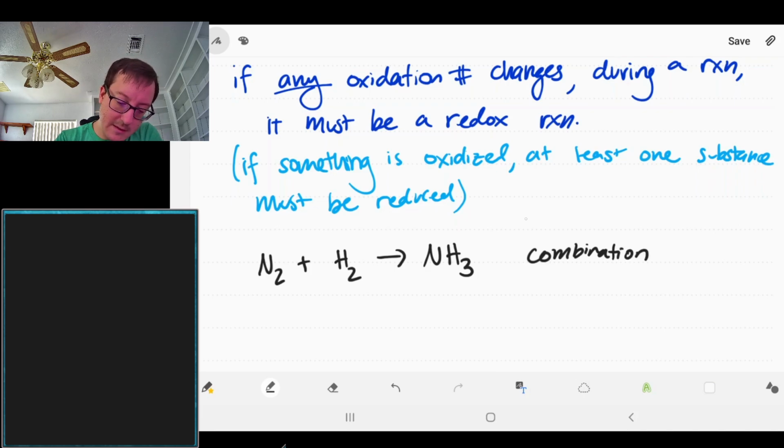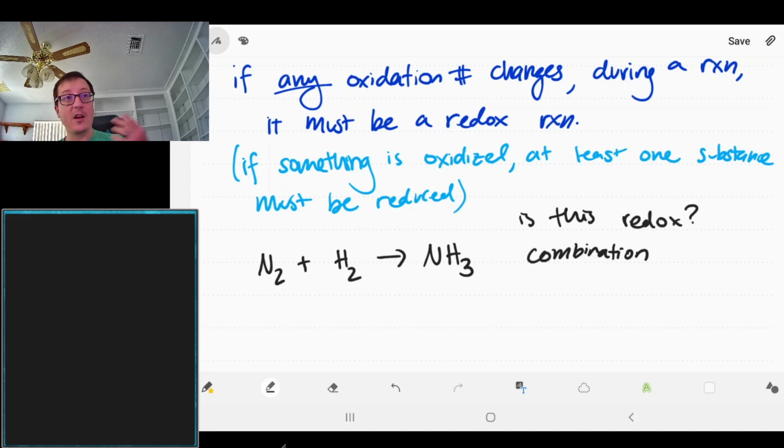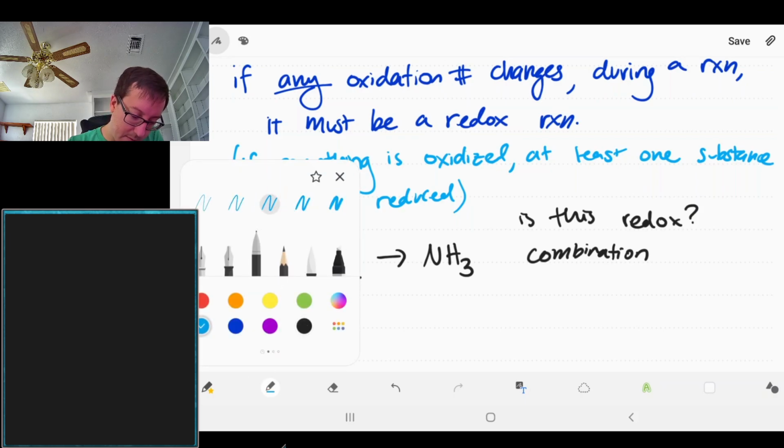But is this redox or not? We're going to see that sometimes combinations are redox, sometimes they aren't. With certain reactions, we can see that they're always redox or always non-redox, but combination and decomposition could be either. So if we take a look at this, let's see what's happening.